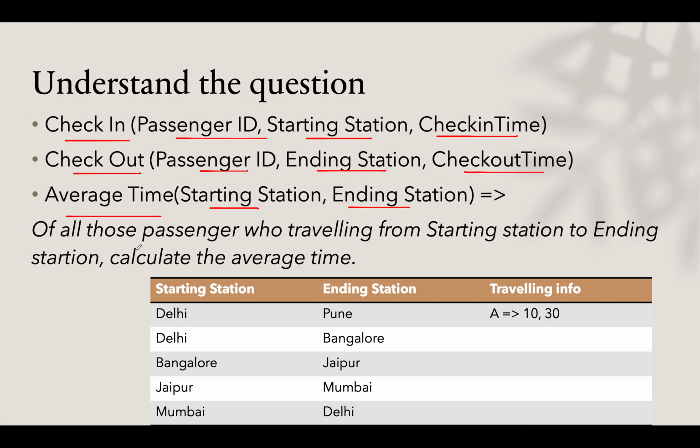And how will we calculate the average travel time? It will be for all those passengers who actually traveled from the starting station till the ending station. We need to calculate the average of that time.